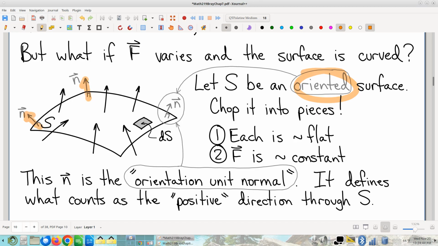Right? And so when we're computing flux through a surface, in fact, we need a little bit more sophisticated of an object. We need this thing called an oriented surface. A surface, just a surface, just sitting there, I don't know which direction you mean is positive. So we need an oriented surface.